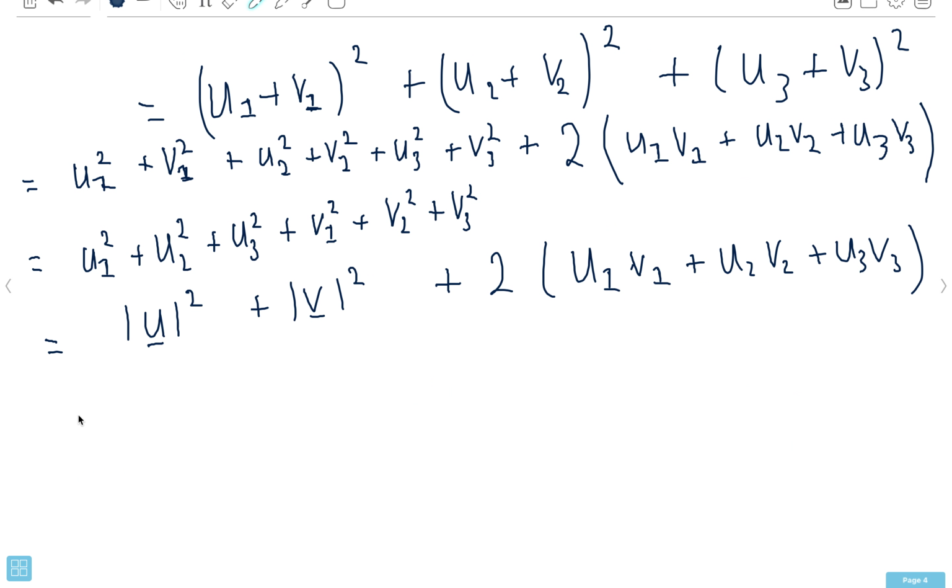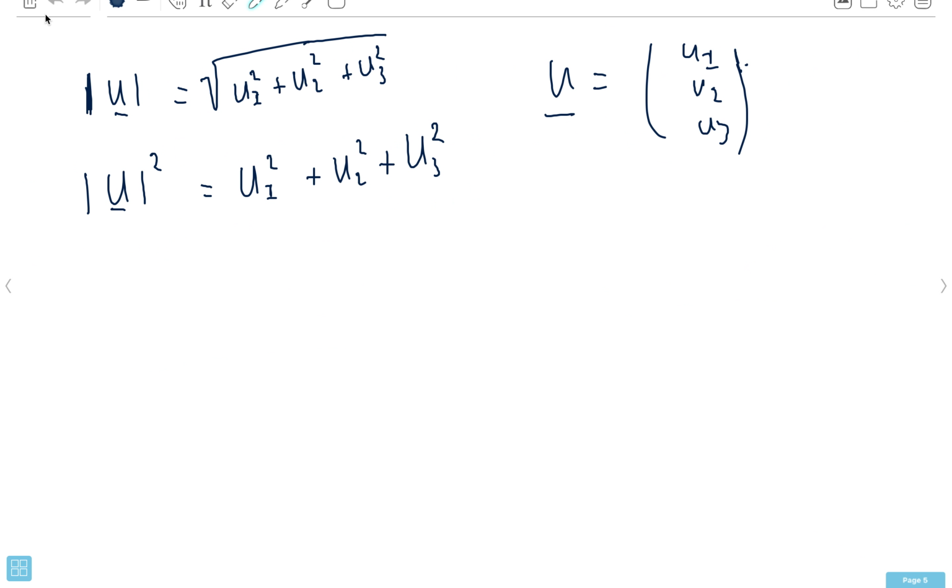Okay, so now we have two equations in terms of mod u plus v squared. If I just delete this and write them out again. Oops. Okay, so I just deleted all the pages.